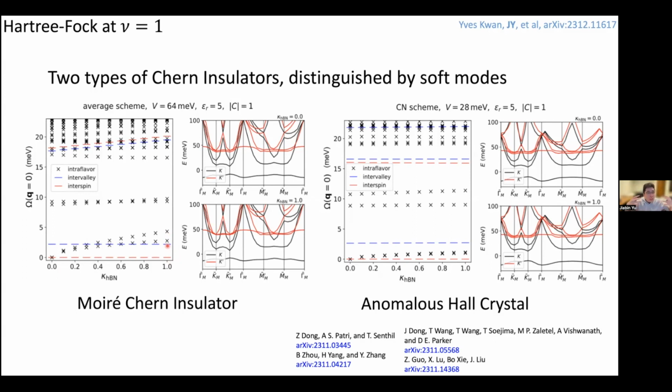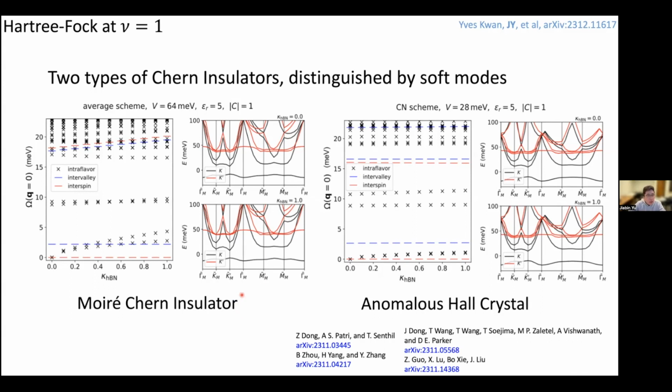In other words, we tend to restore some other symmetries than the continuous translations. So we call it Moiré Chern insulator. So this is the point that the interaction scheme in this system is very important. Different interaction schemes can cause different results, at least for nu equals 1.